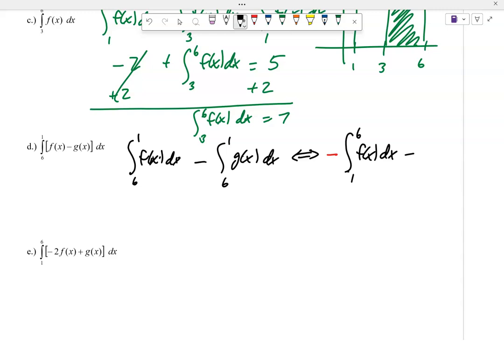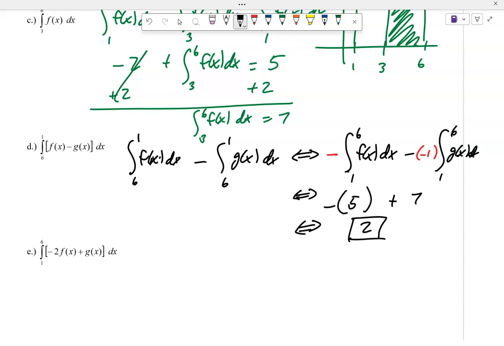And then minus, and then put another negative out front, and change this to 1 to 6 of g of x. So I've got negative, and then I look up the 1 to 6. F of x was 5. That was 5. And then plus, and then 1 to 6 of g of x is 7. So I got negative 5 plus 7, which ends up being 2 on that one.